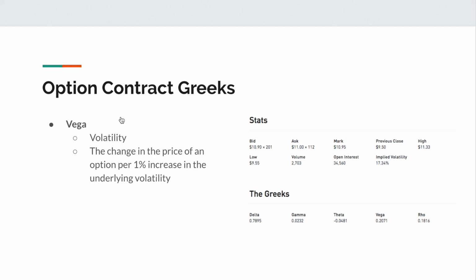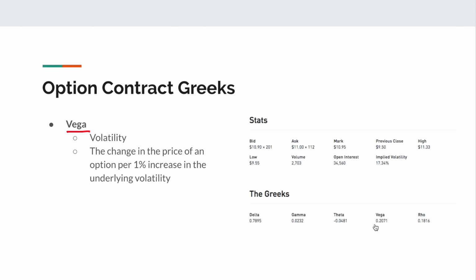The next part of the Greeks would be vega. Vega is directly related to volatility. It's not implied volatility, but it can tell you what could happen if volatility was to change. If the price of an option can change with volatility, how do you determine what that is?